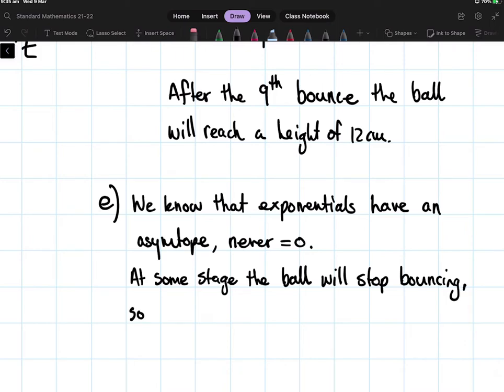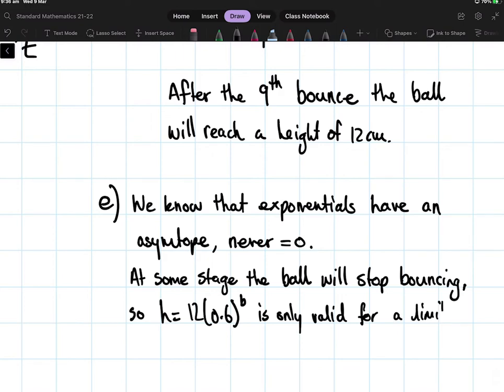So h equals, what was it? It was 12, 0.6 to the power of b, and is only valid for a limited number of bounces. Because at some stage that ball is going to stop bouncing.